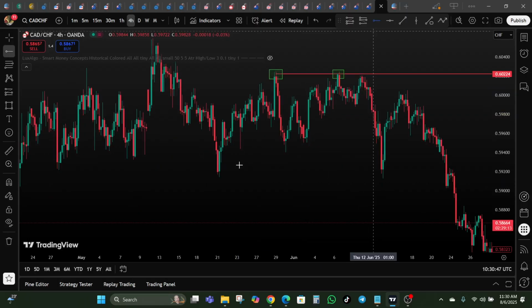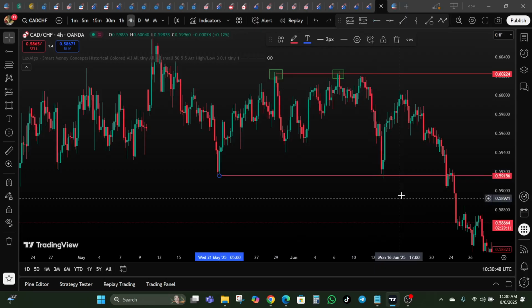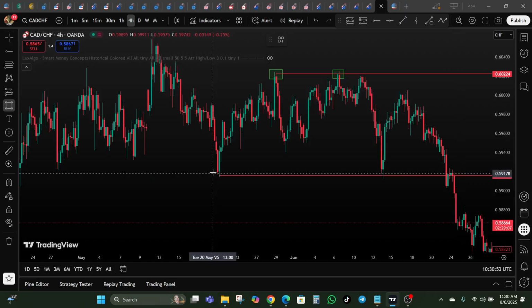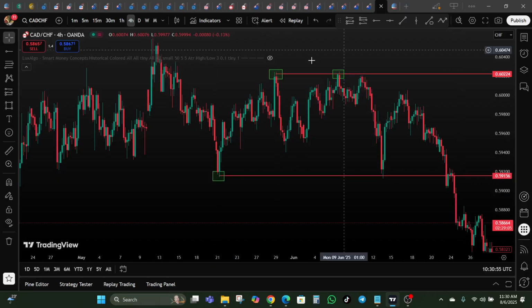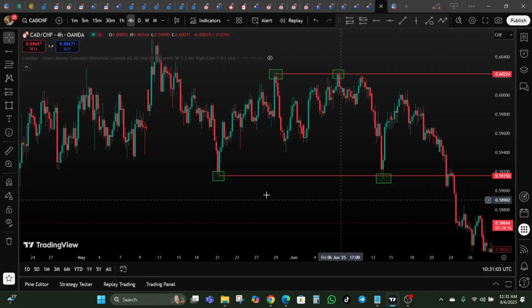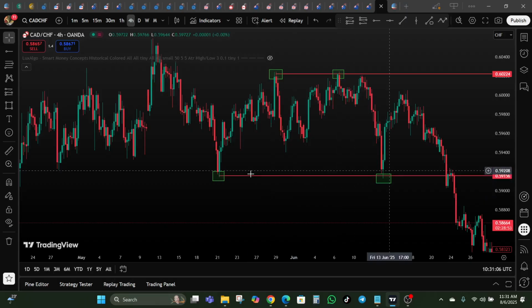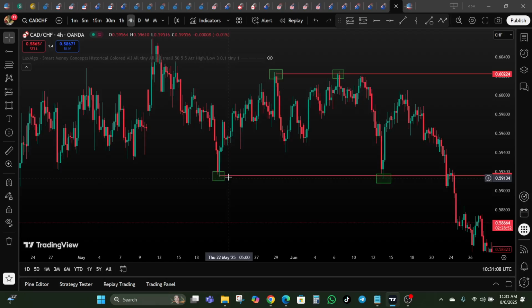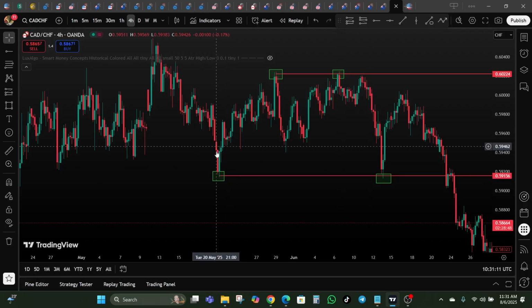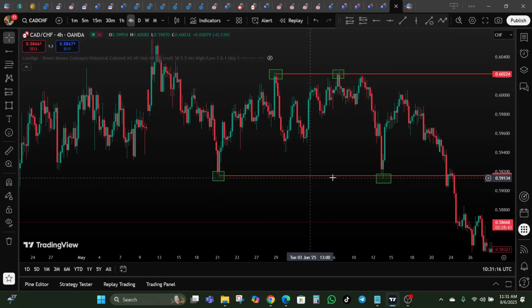You have price getting to around the same price point below. As the name implies, equal highs are above, two highs that are around the same price point, and equal lows are below. Two instances whereby price comes towards almost the same or exactly the same price point.